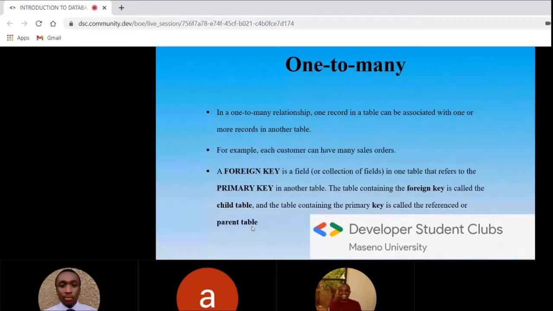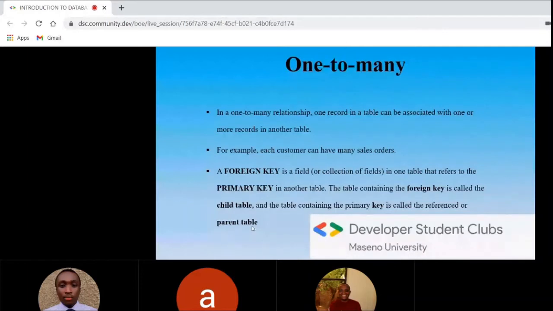We can't talk of a one-to-many relationship without mentioning a foreign key, and we'll give a full example of this. A foreign key, as explained here, is a field in one table that refers to the primary key in another table.